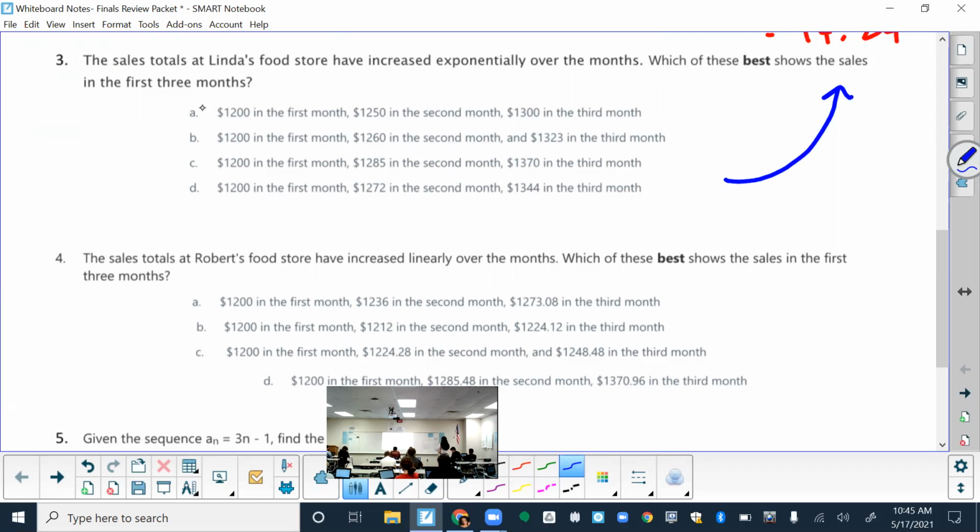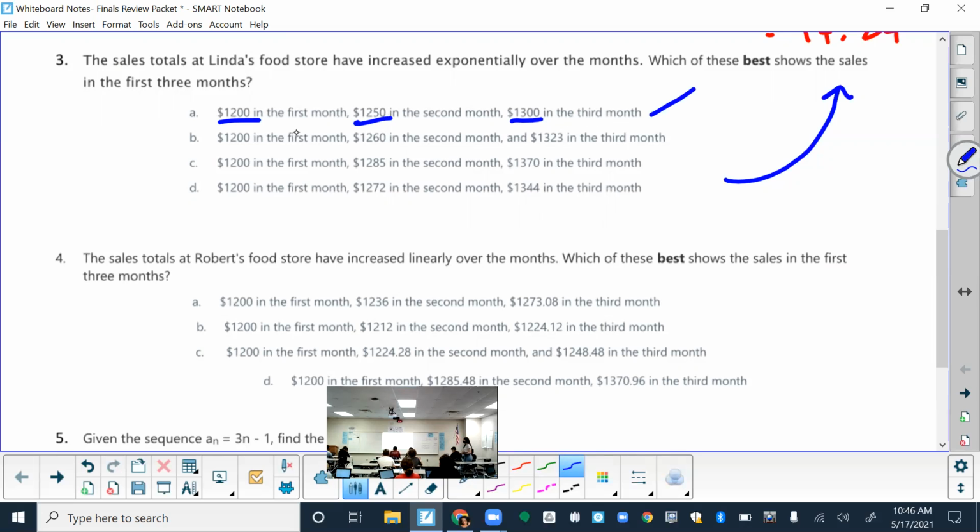So would it be A? It goes up about 50 each month. Would that be an exponential function? I would disagree. That looks more like a linear function because it's increasing at a constant rate.